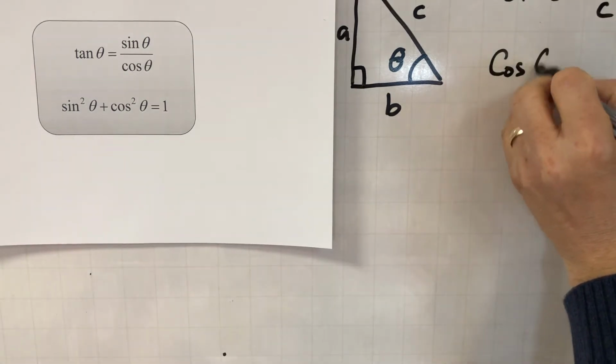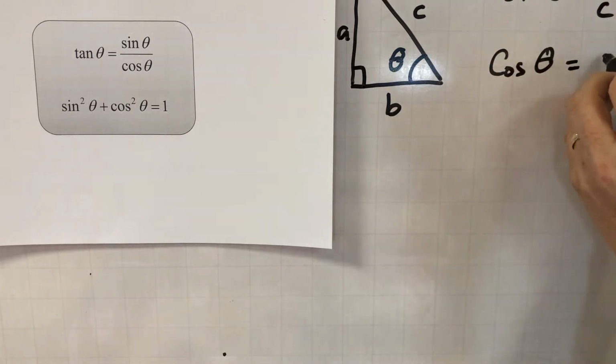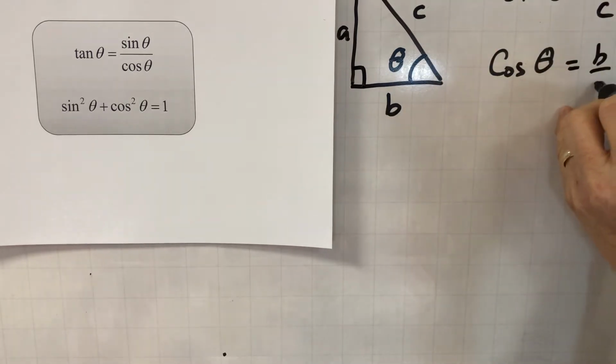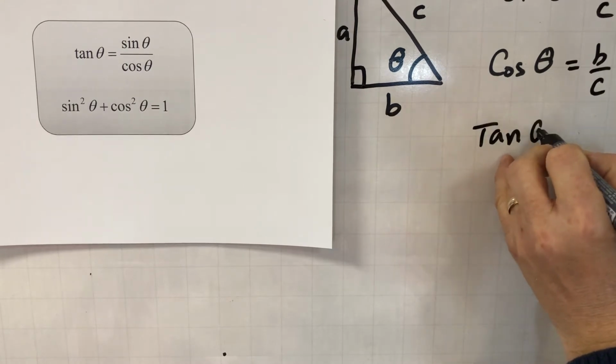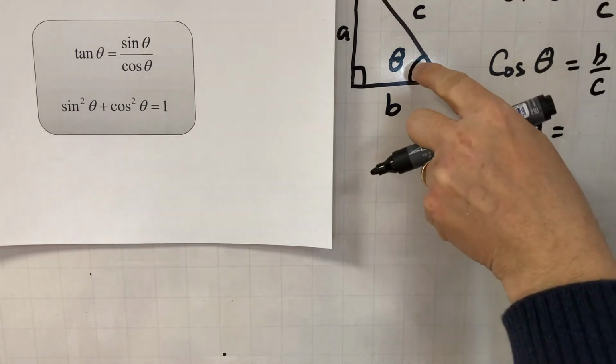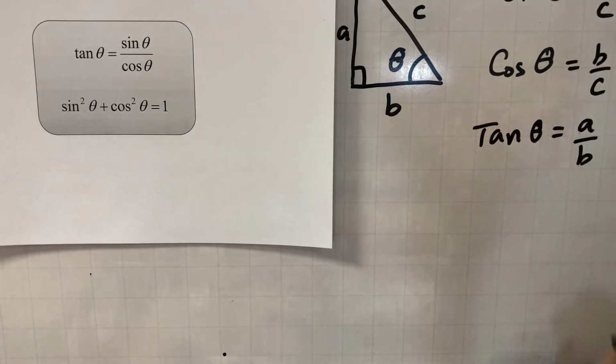The cos of theta is equal to the adjacent over the hypotenuse, and the tan of theta is equal to opposite over the adjacent.